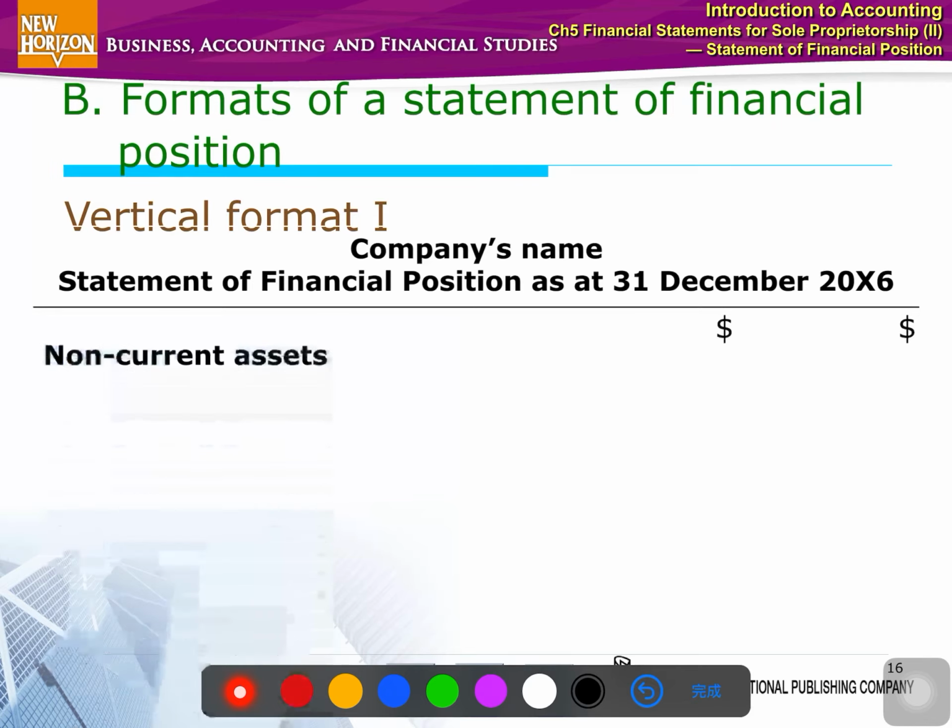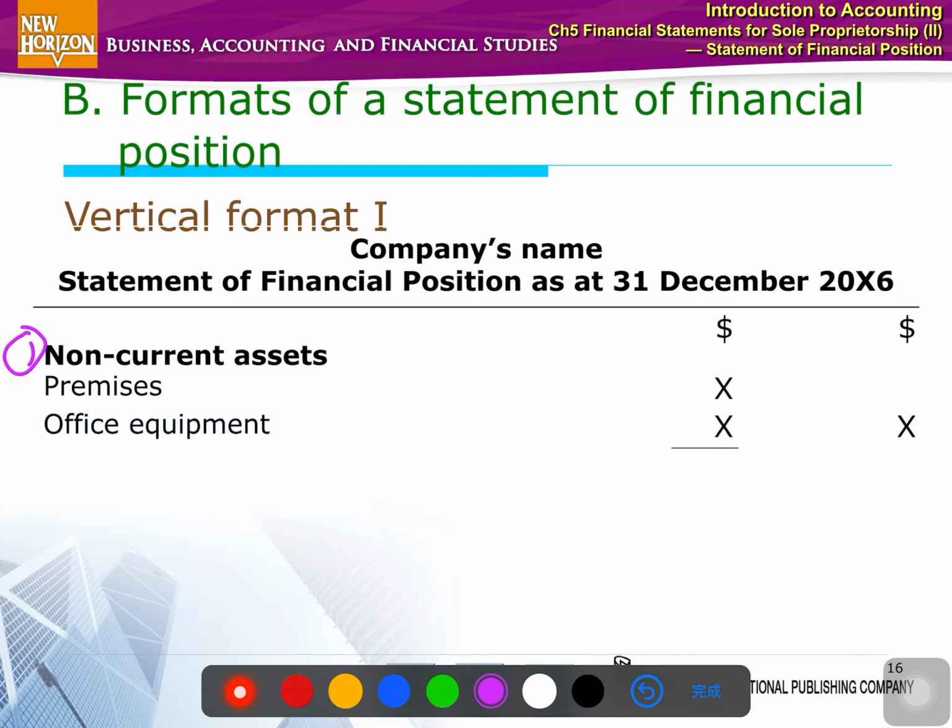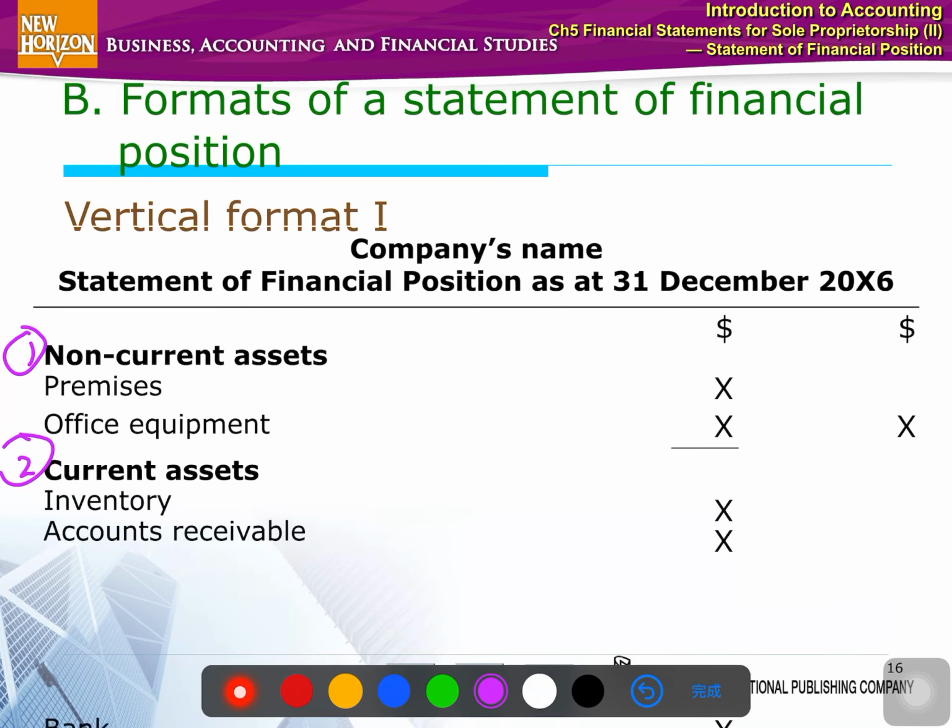So what is the format of the statement of financial position? First, list out all the non-current assets. We have premises, office equipment. Second, current assets: inventory, account receivable, bank, and cash.